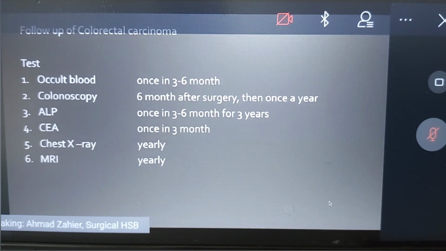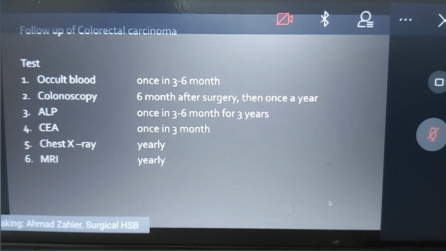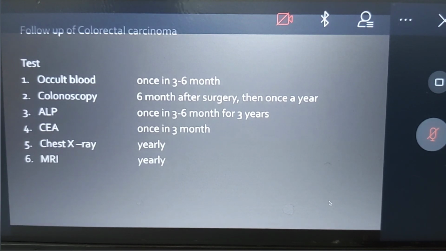Usually in a patient who had not completed a colonoscopy before surgery, the colonoscopy needs to be done within 6 months after the surgery, and then follow up based on the HP findings. The repeat colonoscopy is needed based on the findings of the previous colonoscopy. Usually it's either once a year, then after that probably once every 3 years.